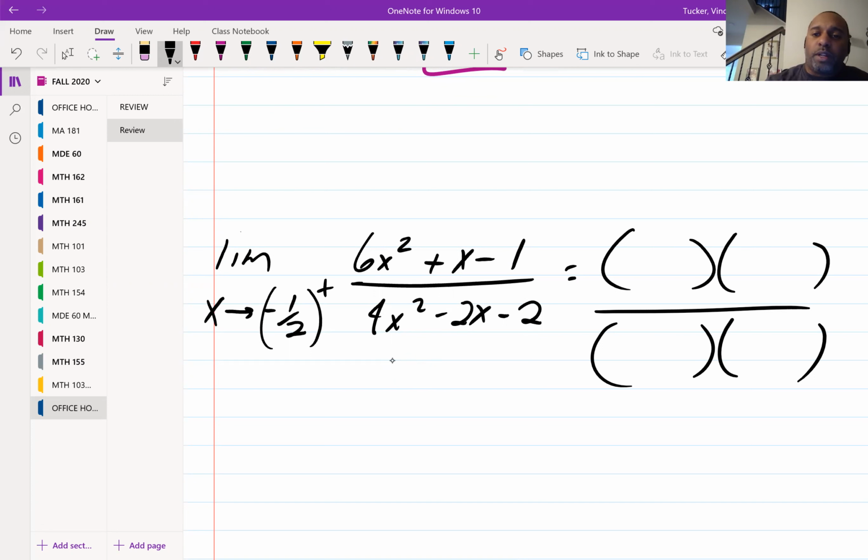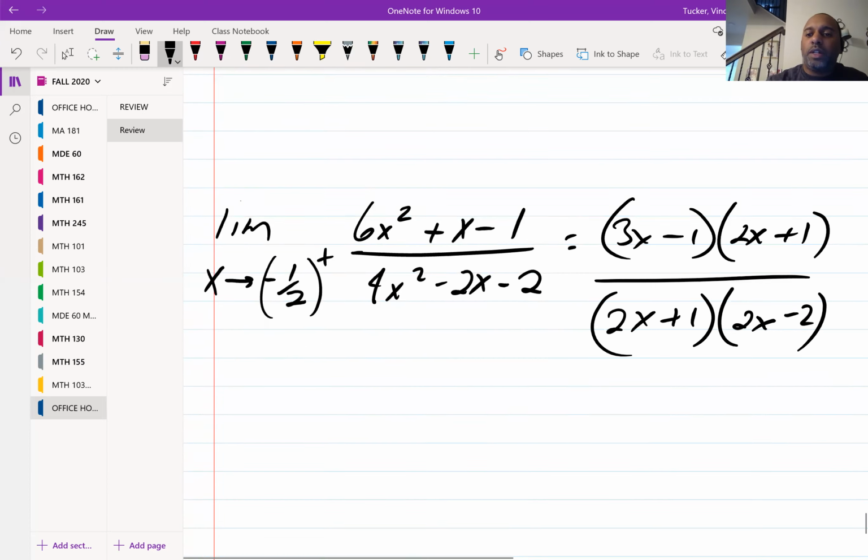So looking at the numerator, I'm looking at 3x, 2x, plus 1 and minus 1. Then the next one, 2x, 2x, and -2 plus 1. So it'd be -4, 2, yep.